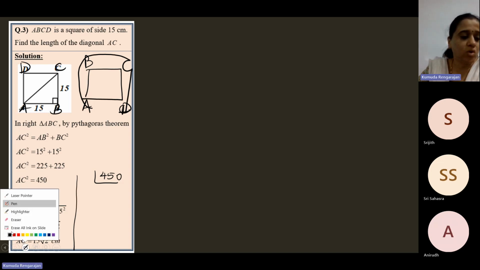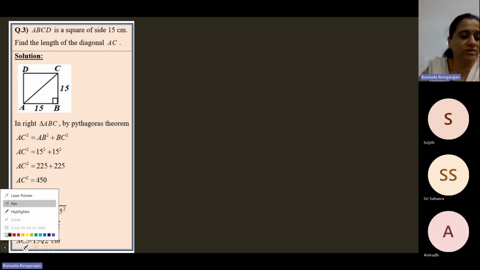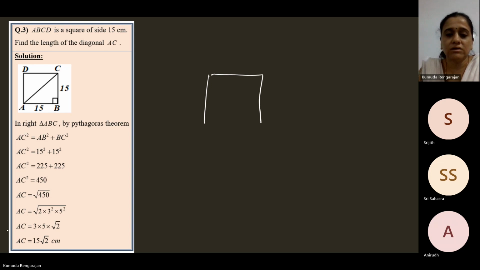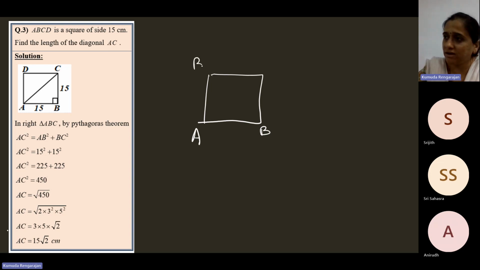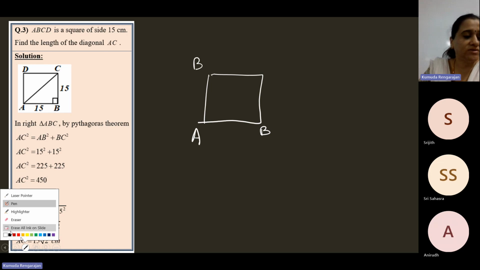That's very important. You start anywhere. Now you can write B here or you can write B here. The first two vertices you can mark in any direction, clockwise or anti-clockwise.